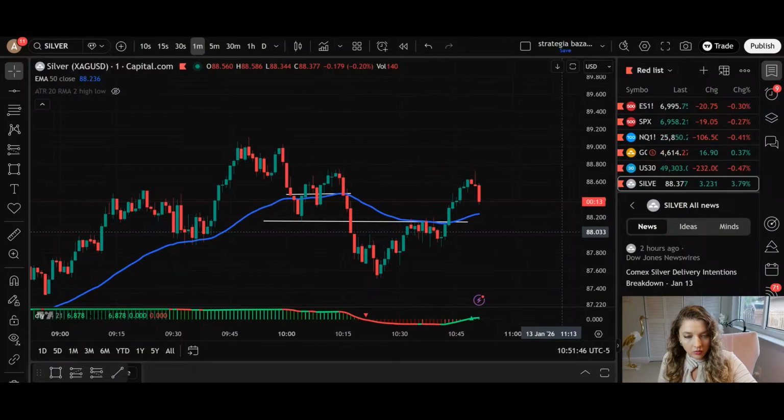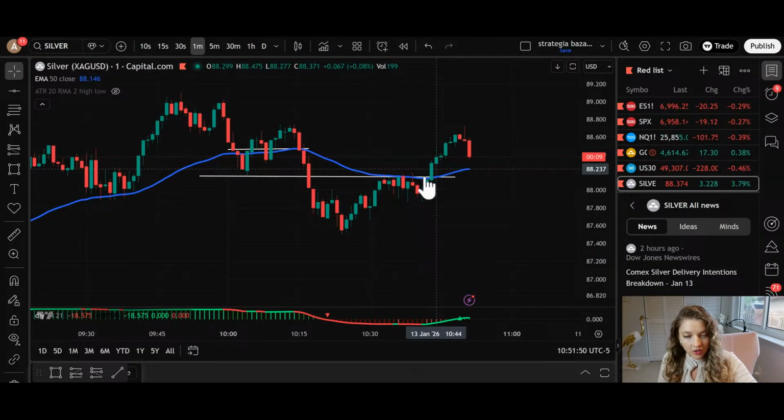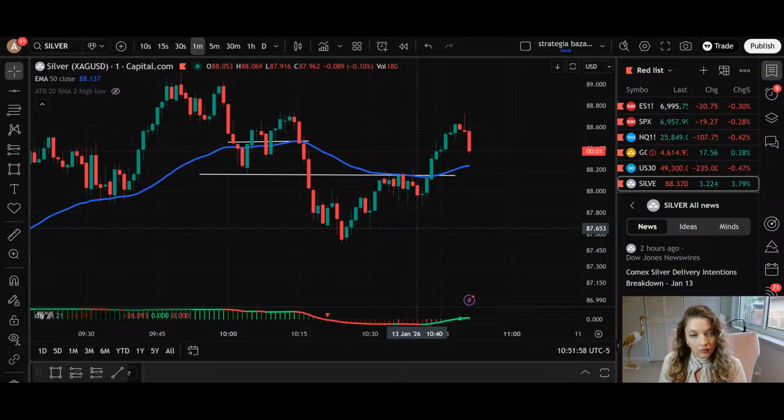When did you go long on silver? When it crossed the EMA or here? When did you go? It's 10:51 a.m. in the morning.